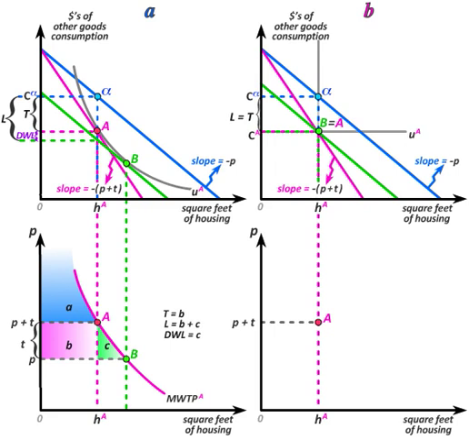Bundle A happens on the magenta budget constraint in the upper graph, in other words, the budget constraint with the after-tax price P plus T. Thus, as it drops to the lower graph, it settles at the high price P plus T. Even though bundle B and bundle A happen to be the same point in the top graph, bundle B emerges from the lump sum tax budget constraint, in other words, the green budget constraint, with the lower price. Thus, as bundle B drops down to the lower graph, it settles at the lower before tax price.